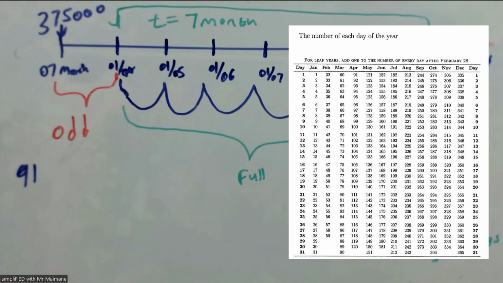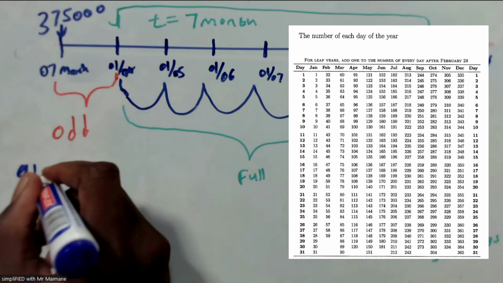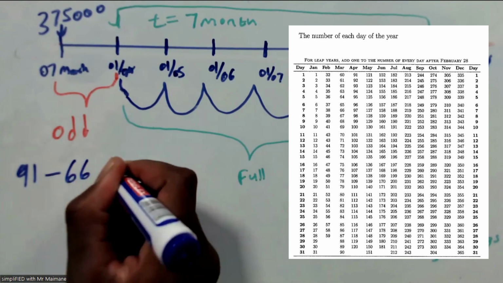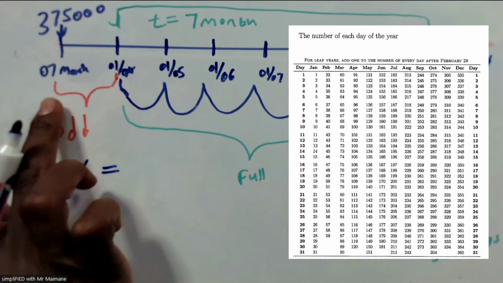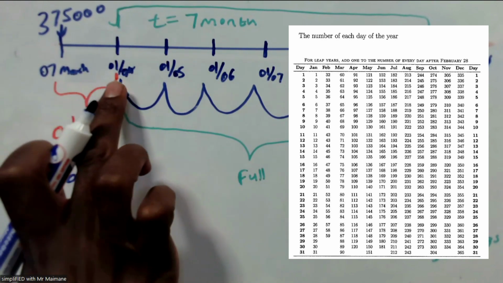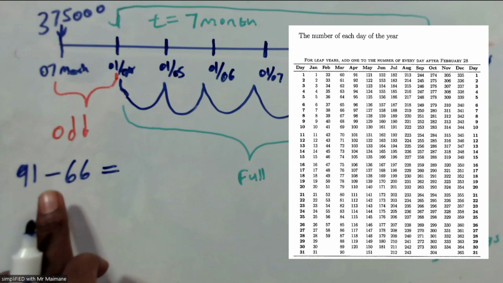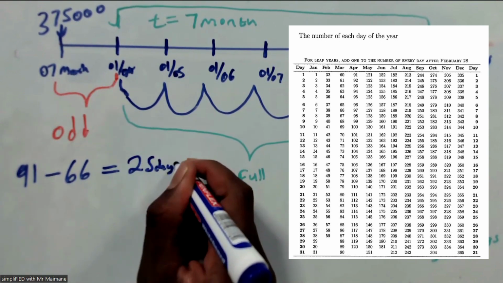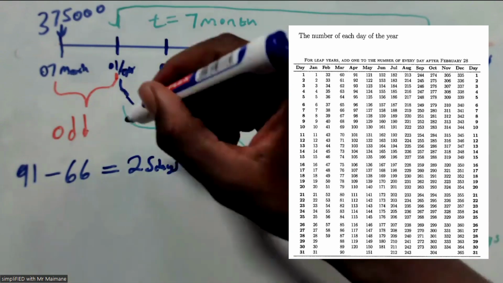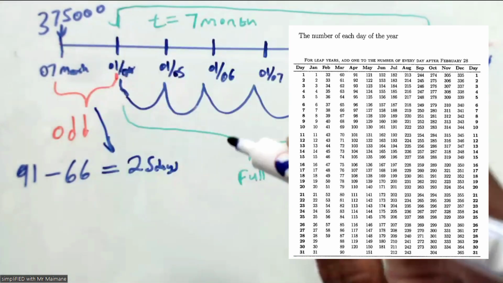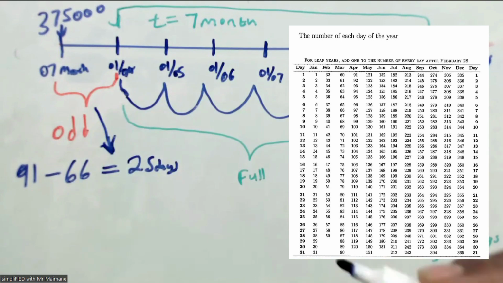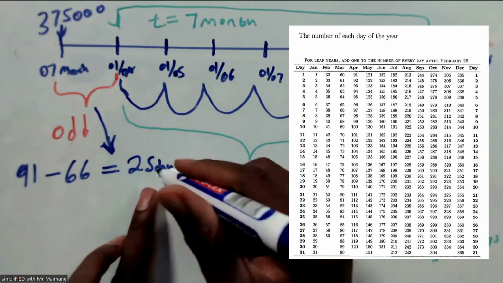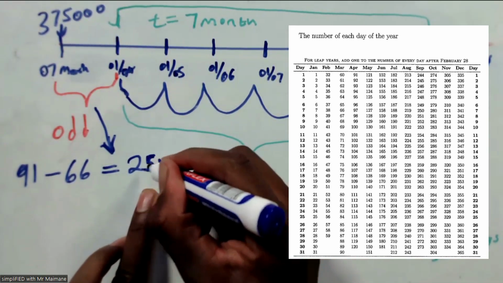So I subtract 66 days. This means the number of days from the 7th of March to the 1st of April is 91 minus 66, which is 25 days. So the odd period is 25 days.